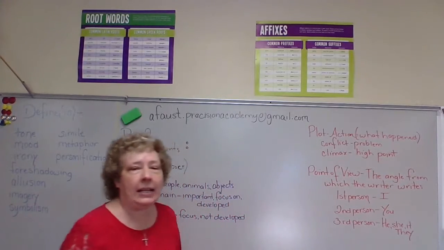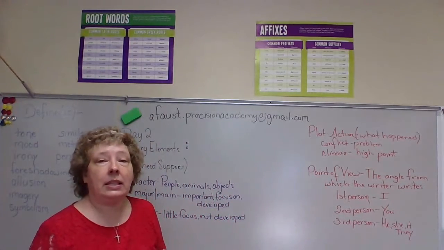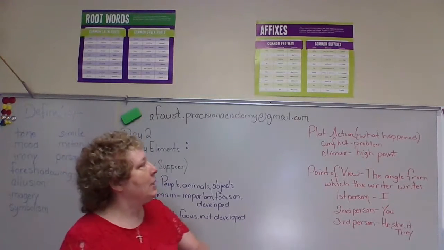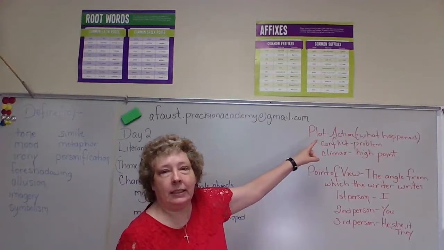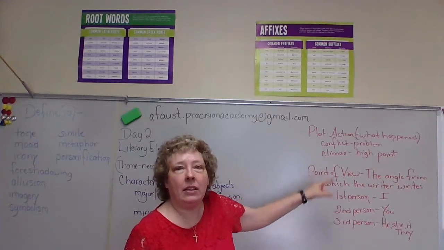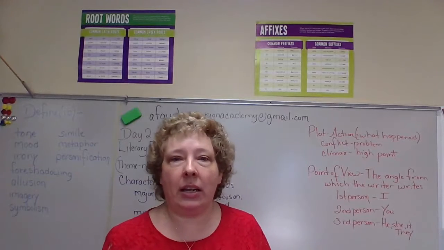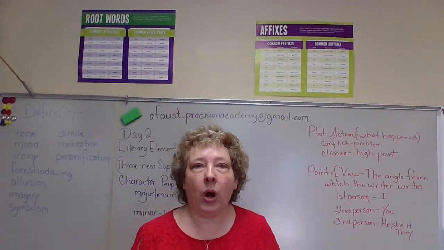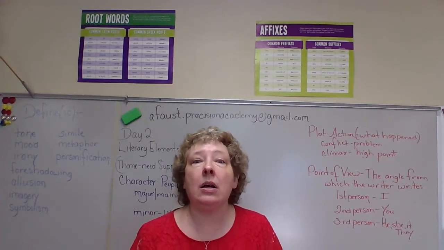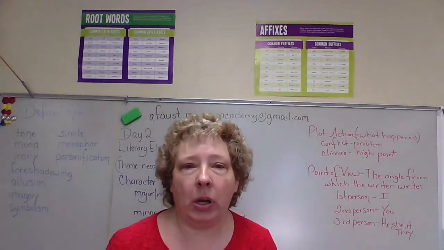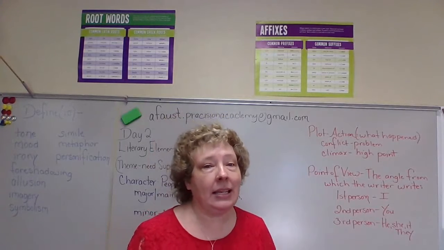Up to plot. The key elements of plot we're going to talk about in one moment. Because the plot is what? Action. Think about what happened. It's the action. What is happening in the story, in the novel, even in a poem, in the play.